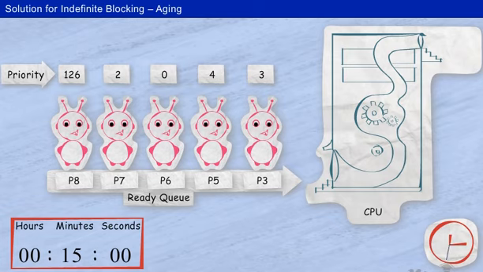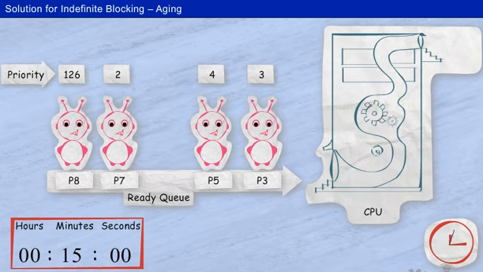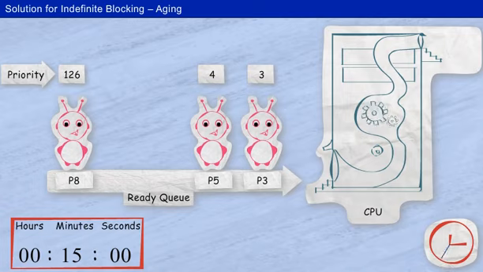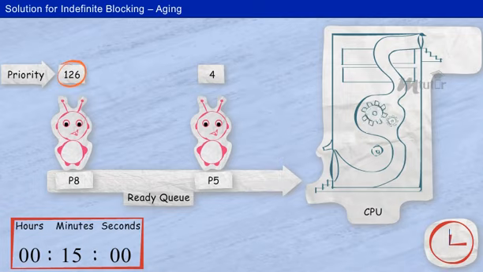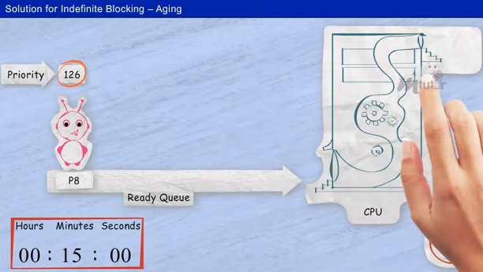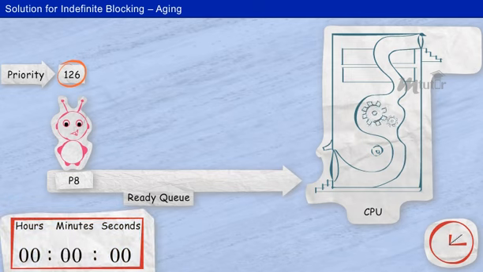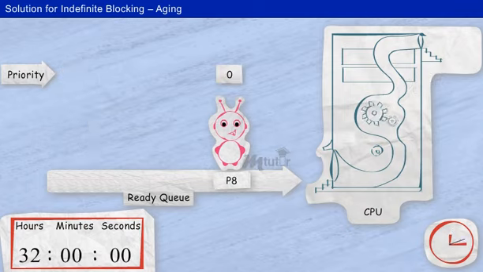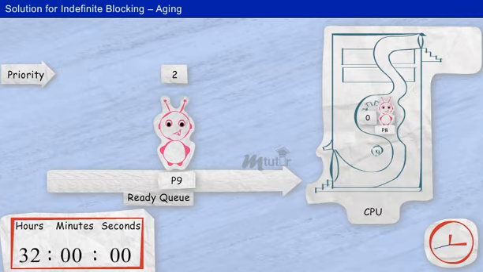That is, the lowest priority value 127 will become 126 after the first 15 minutes. Even a process with a lower initial priority, that is with value 127, would get executed with higher priority after some time. In fact, it takes a maximum of 32 hours to make the lowest priority process with value 127 the highest priority with value 0.